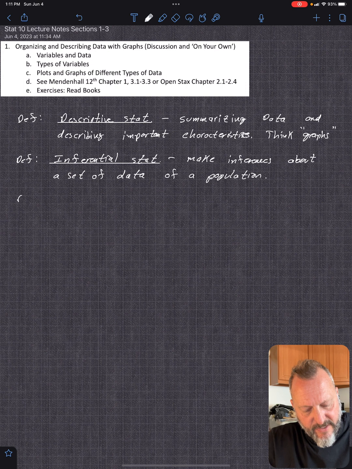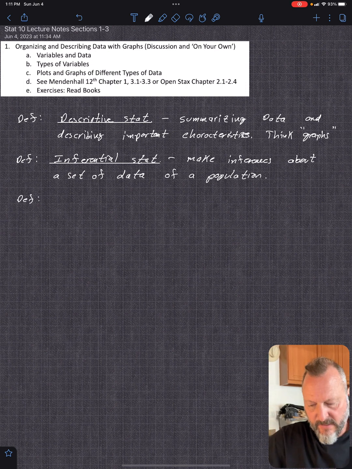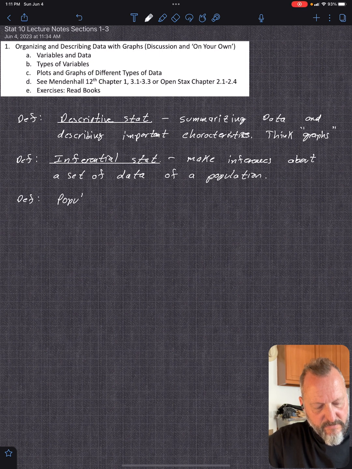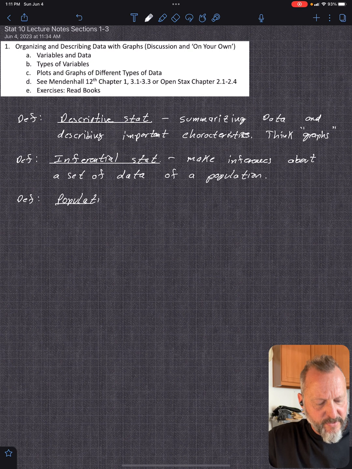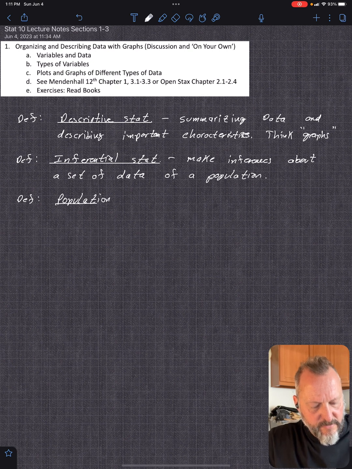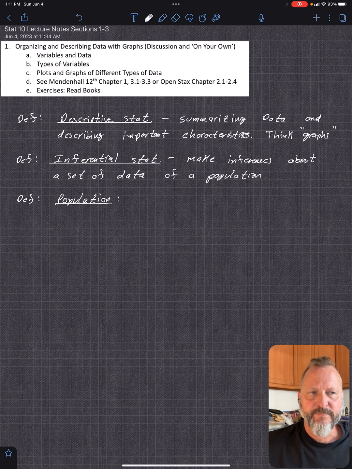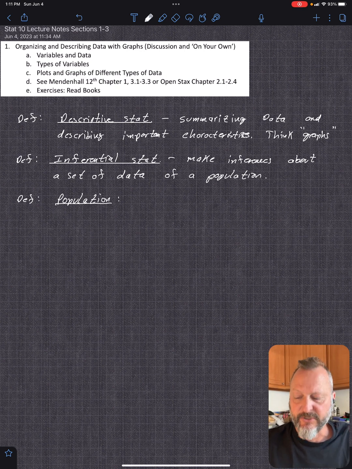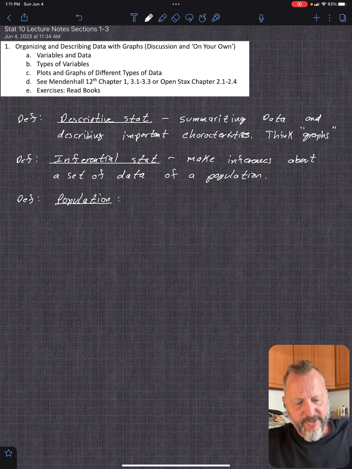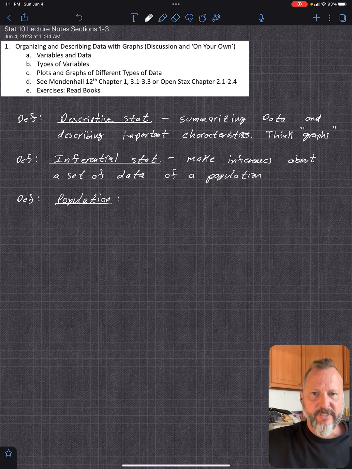Okay, so let's define next. Population. Now this is an important but subtle definition, population. So the population of something, when you say in statistics, this is the population you're concerned with, it's literally like what you're concerned with at that moment.